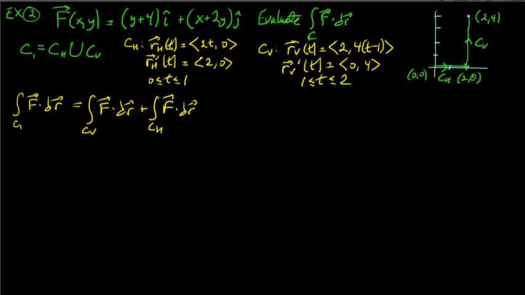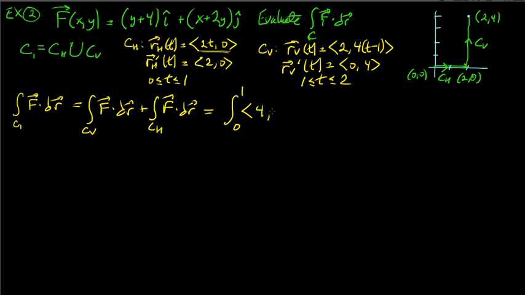Again, we're dividing it into the horizontal and vertical parts, and as before, we just add up the two line integrals. If we do the horizontal part first, t goes from 0 to 1. The vector field here is y plus 4, which for the horizontal part is 0 plus 4, which is 4.